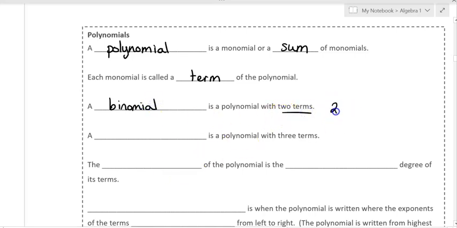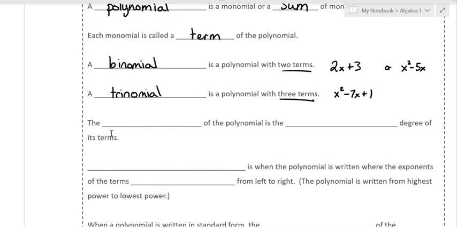So for example, like 2x plus 3. There's 2 terms there. Or x squared minus 5x. There's 2 terms there. Okay, so a trinomial, think about a tricycle with 3 wheels. So to me, it makes sense that a trinomial has 3 terms. So as an example, x squared minus 7x plus 1. There's 3 terms there. That's a trinomial.